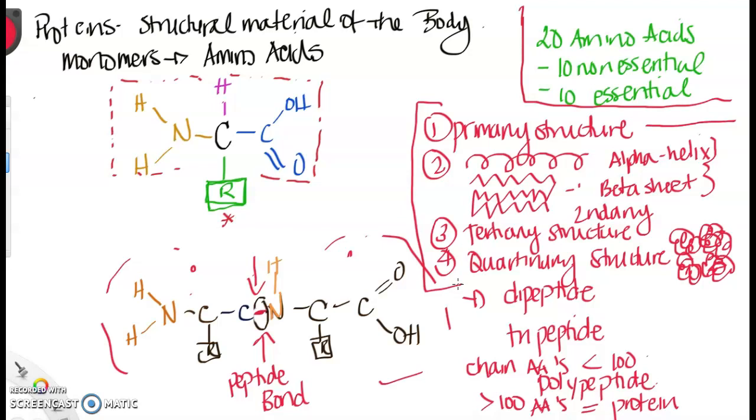It can't do what it's made to do. So the structure is very, very important. All right, so just remember, proteins are made up of amino acids. Amino acids are the monomers. Amine means it's got a nitrogen. Acid means it's got an acid group on it. Amino acid. And links of those make polypeptides and proteins.